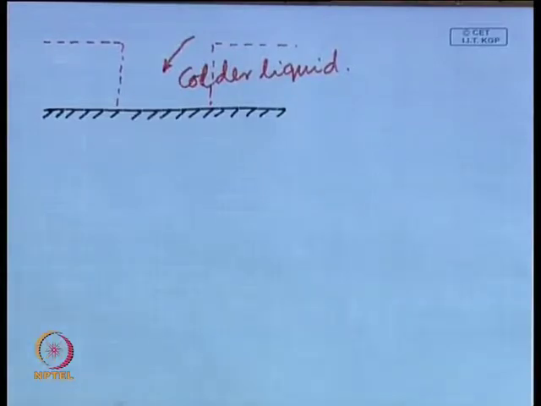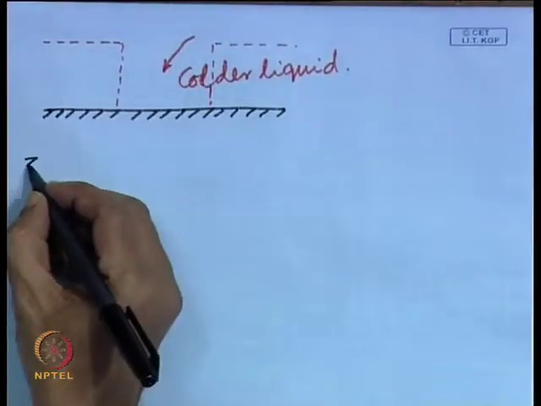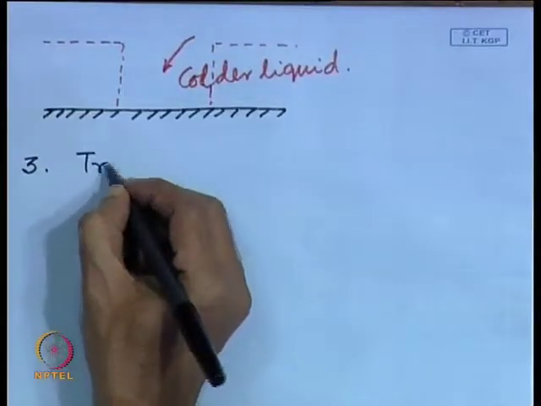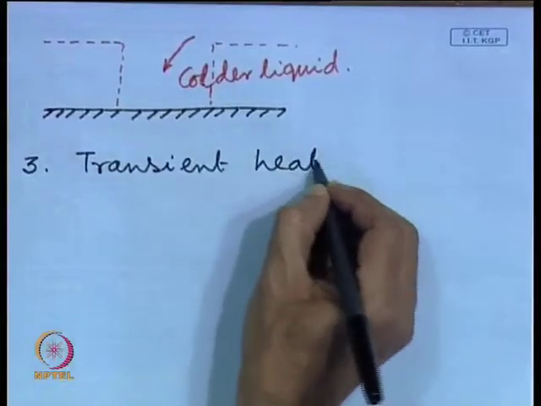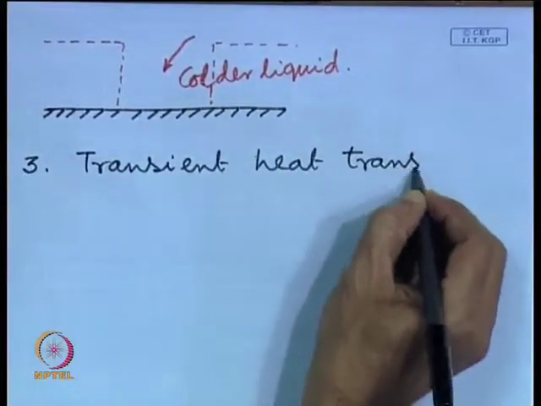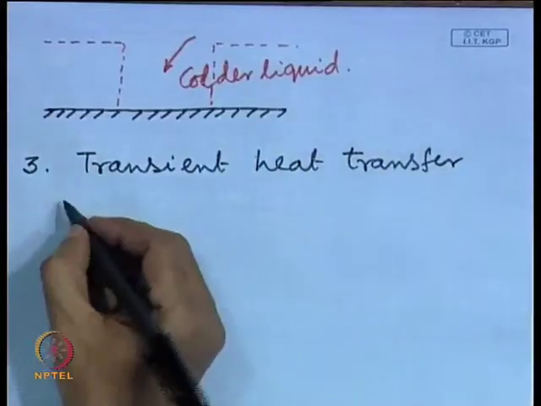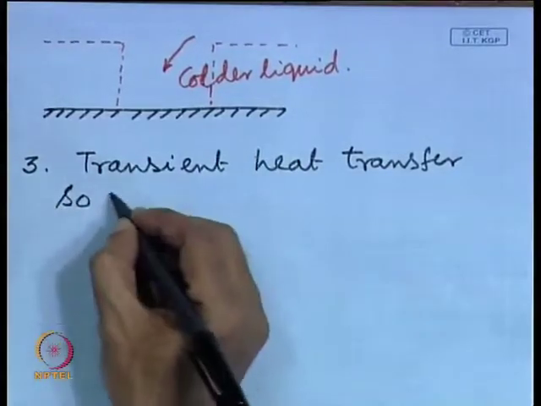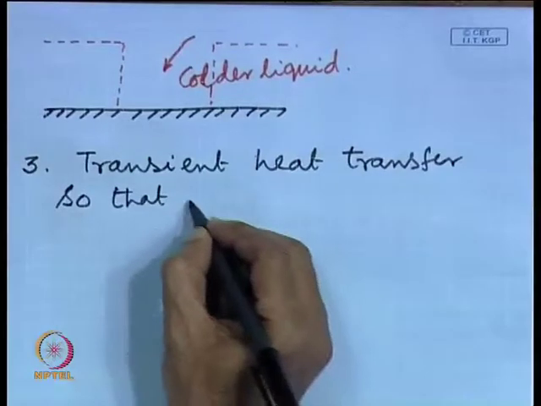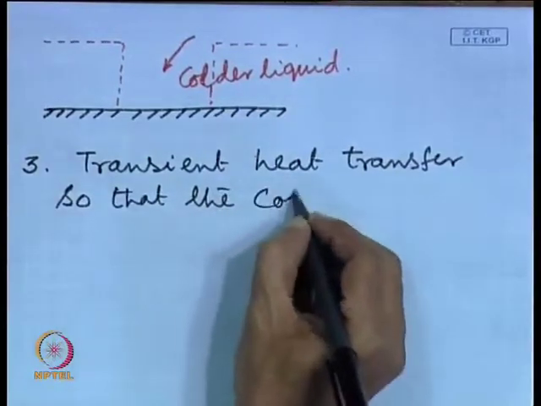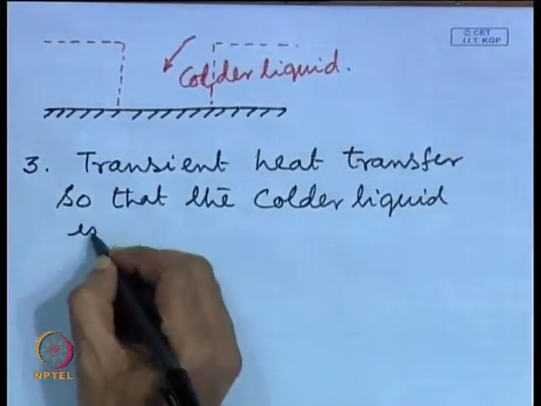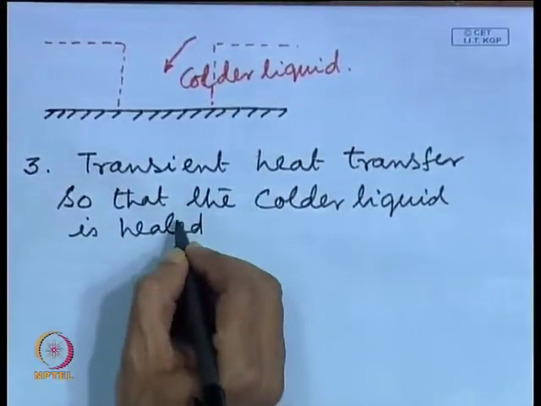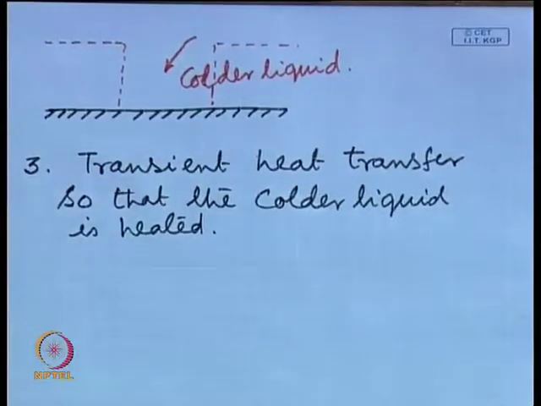So, up to the second stage I have written; the third stage will be transient heat transfer, so that the colder liquid is heated. There will be transient heat transfer and the colder liquid will be heated.